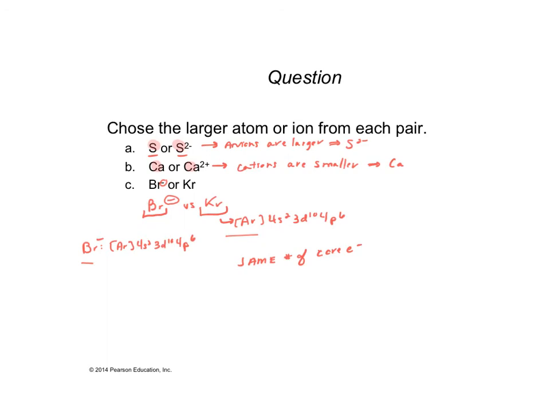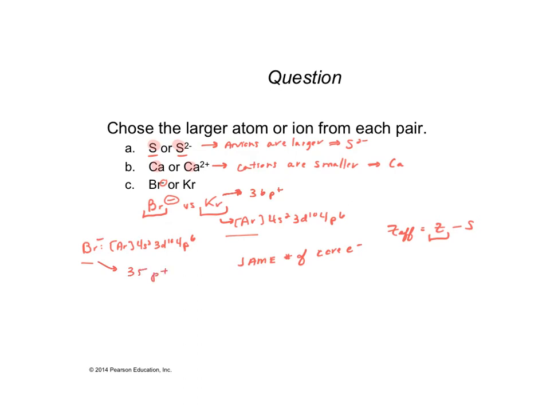The other thing that affects effective nuclear charge, that isn't the core electrons, is the overall nuclear charge, right? So between krypton and bromine, who has more protons in the nucleus? Hopefully you can see krypton has 36 protons in the nucleus, where bromine only has 35 protons in the nucleus.